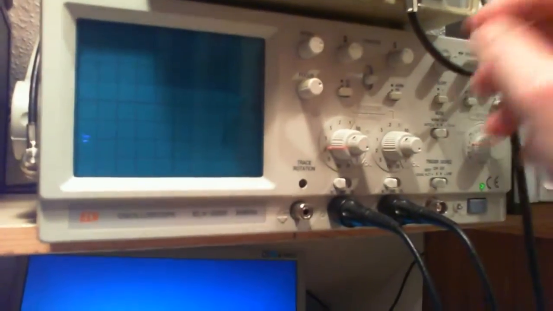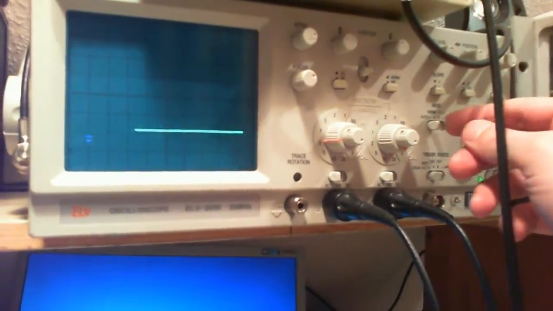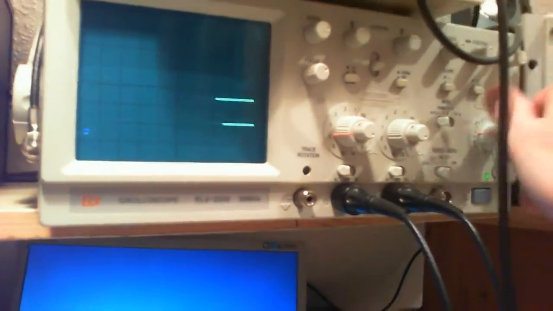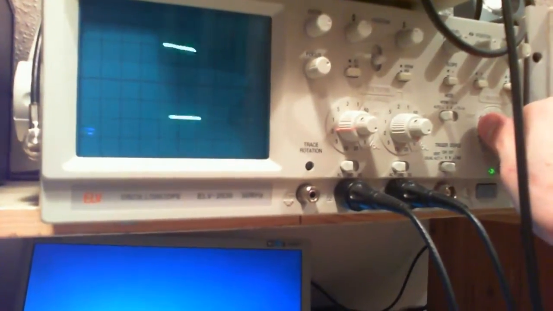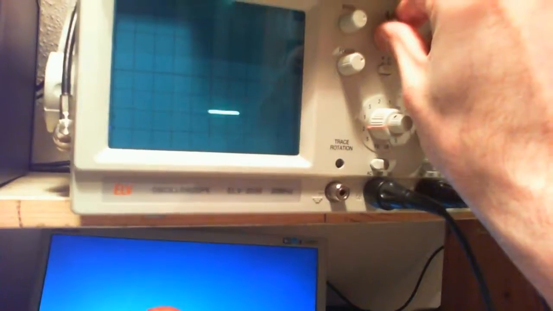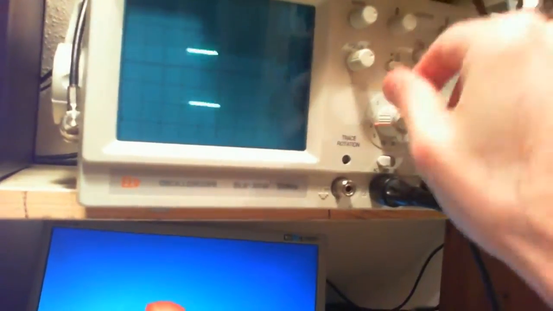I don't know why I cannot see anything. Okay, so this upper wave over here, this is my input. This is my input, and this wave down here is my output.